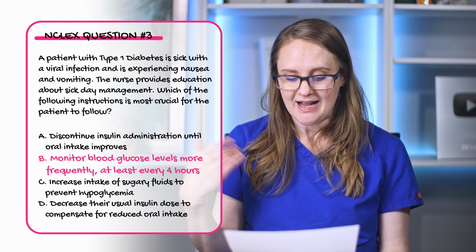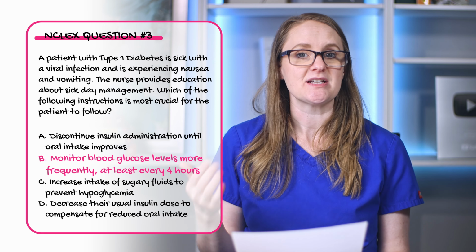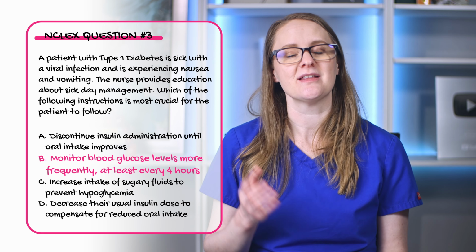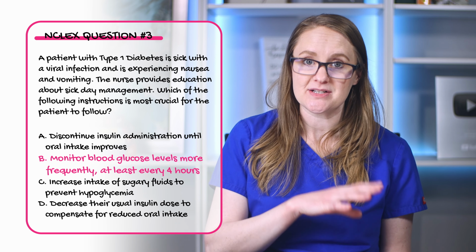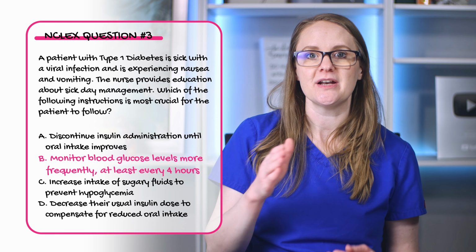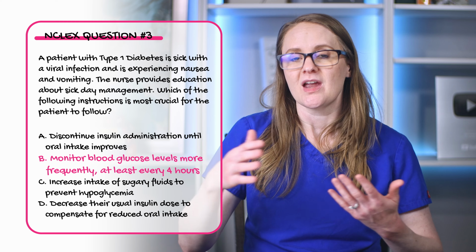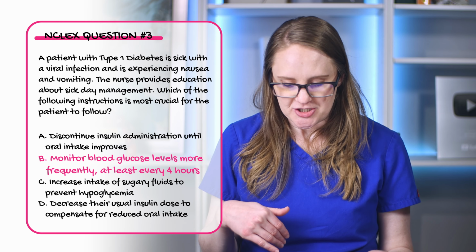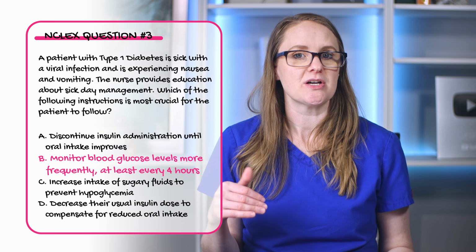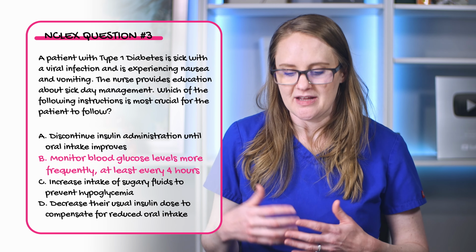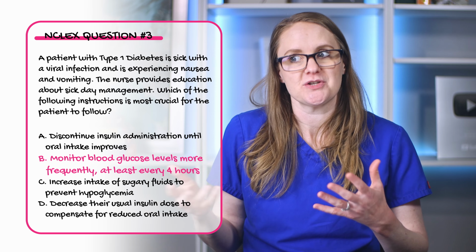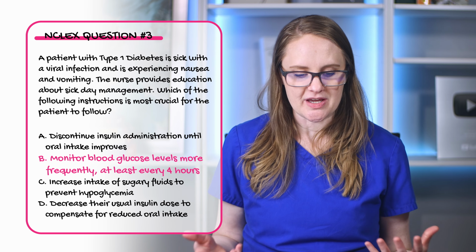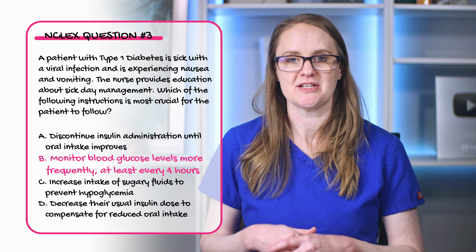And for answer D, insulin doses may need to be adjusted during an illness, but this should be done based on frequent blood glucose monitoring, and they should also get guidance from their doctor. The patient shouldn't decrease their insulin dose just because they aren't drinking as much fluid as normal. So for this question, the correct answer is B.